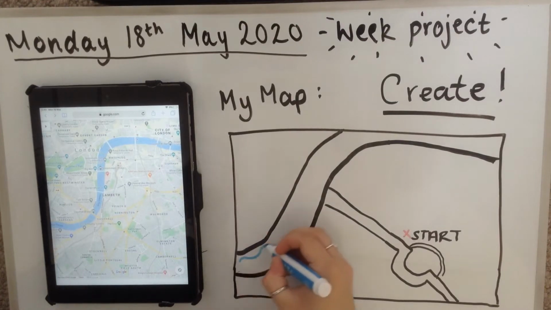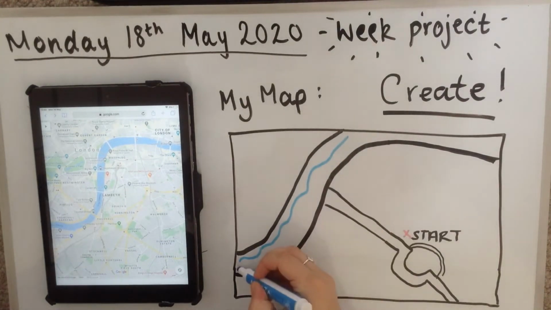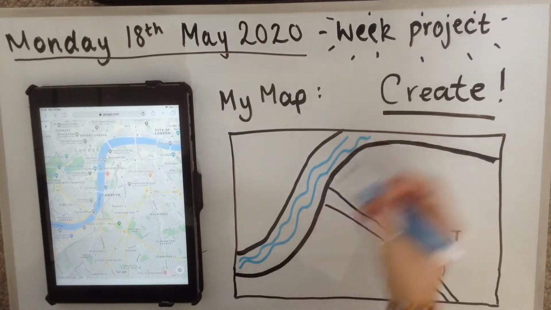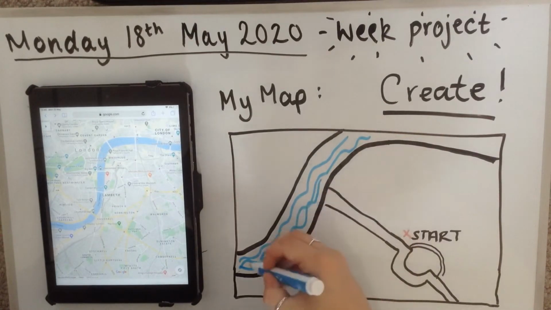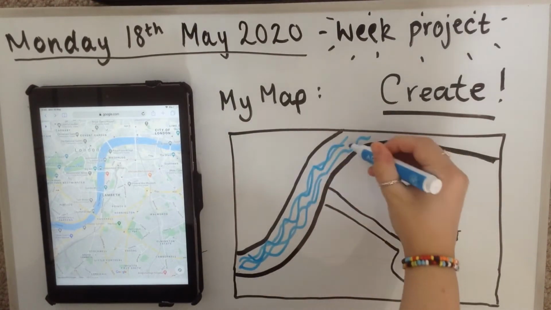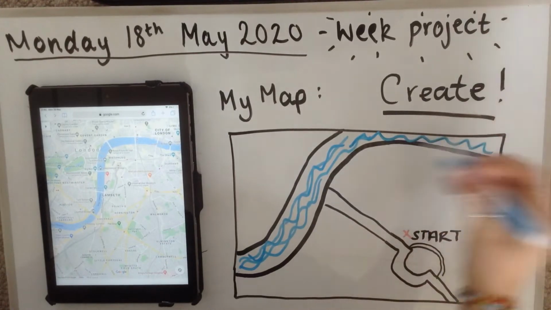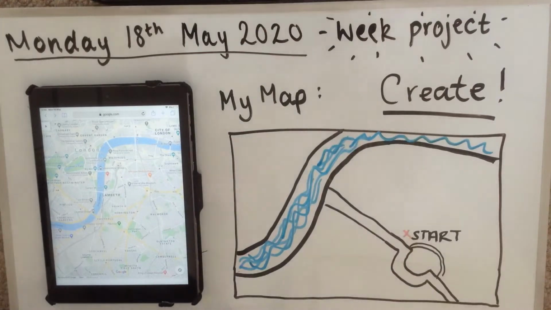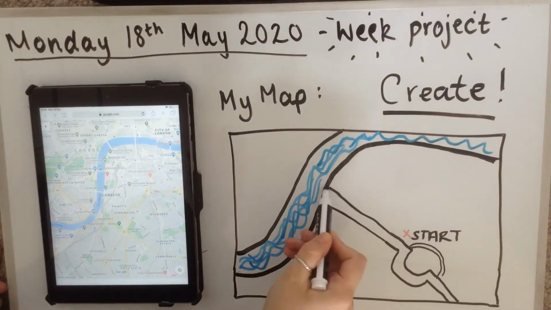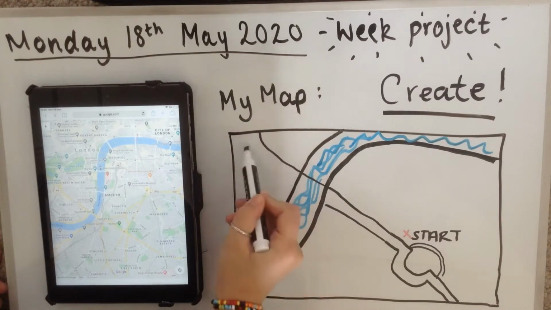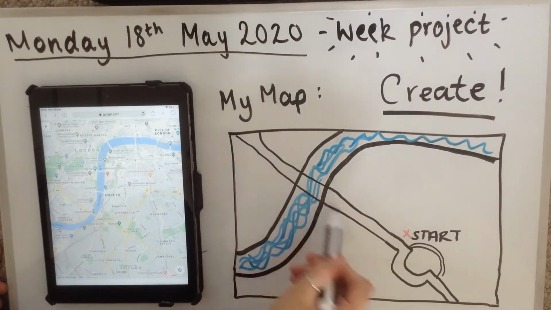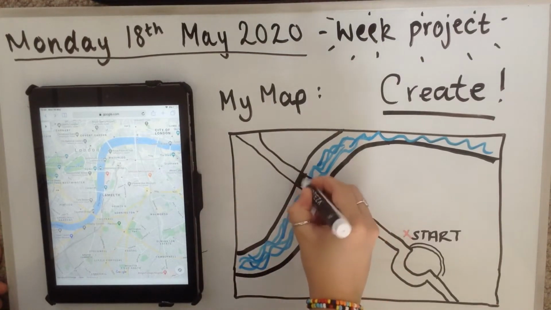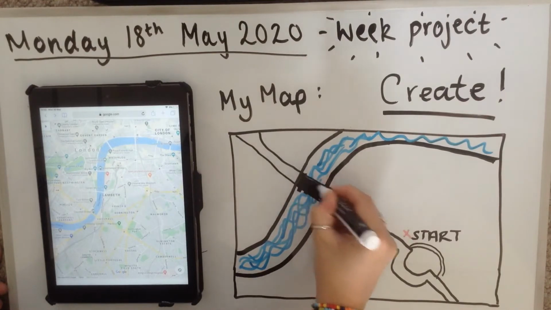What I'm going to do is, because this is the River Thames, I'm going to use my blue pen and create what looks like waves. And again, it doesn't have to be the best you've ever done, okay? That is my River Thames. Now this would be Vauxhall Bridge going over here. So I'm actually going to colour that in because that is a bridge.